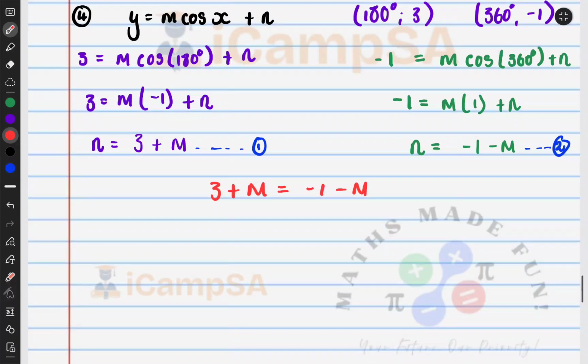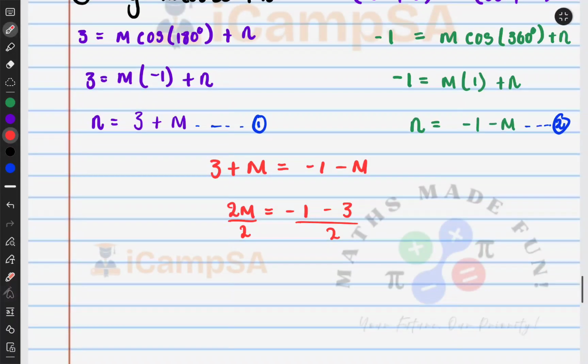Therefore, we're going to have 2m is equal to -1 minus 3, divided by 2 on both sides. Therefore, m is equal to -1 minus 3, which is -4, divided by 2 is -2.